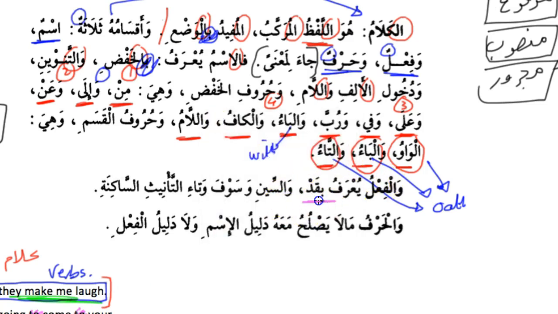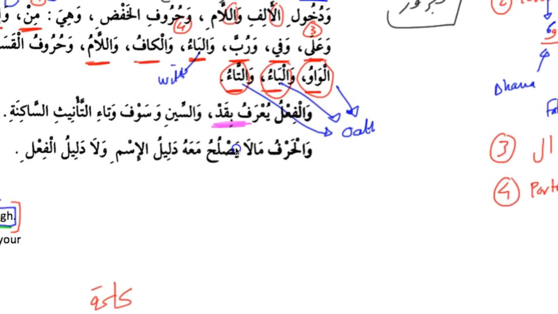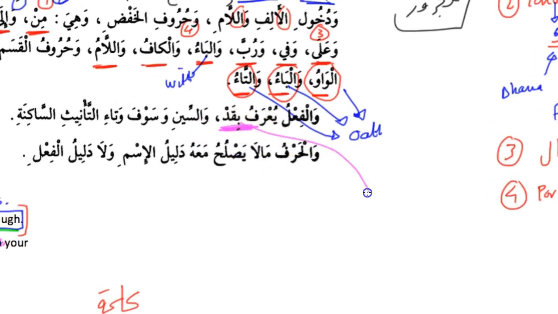Number one, if a word has qad before it, then the word that comes after it is going to be a verb. Like qad aflahal mu'minun in the Quran. So you don't get a qad before a noun.